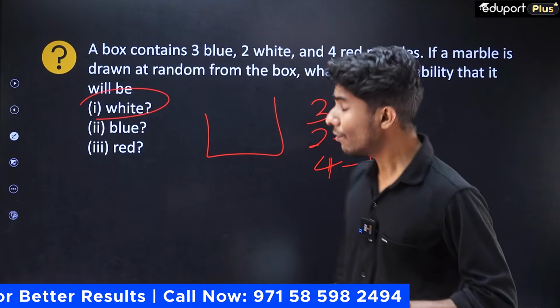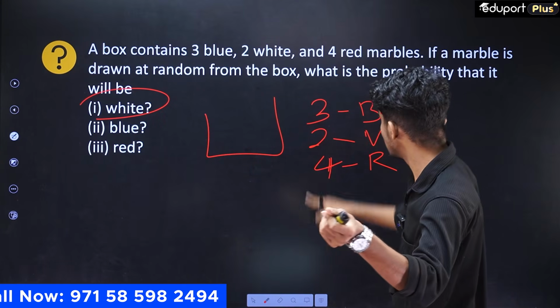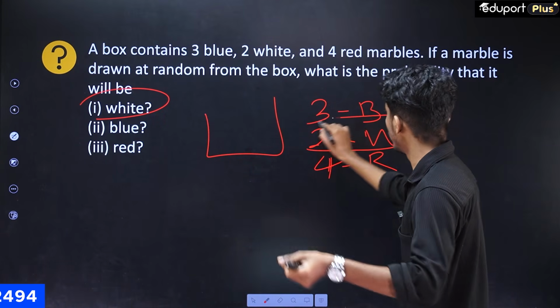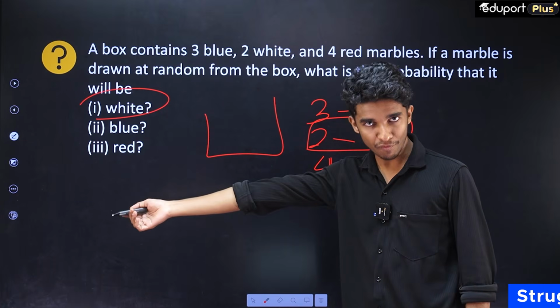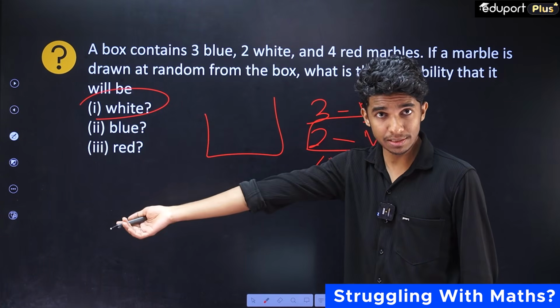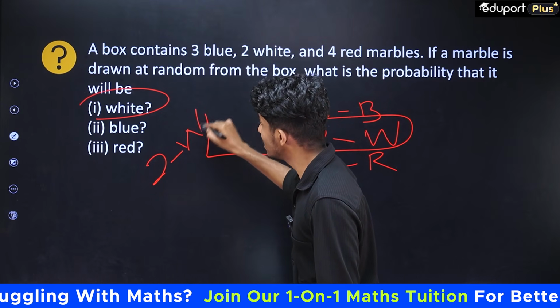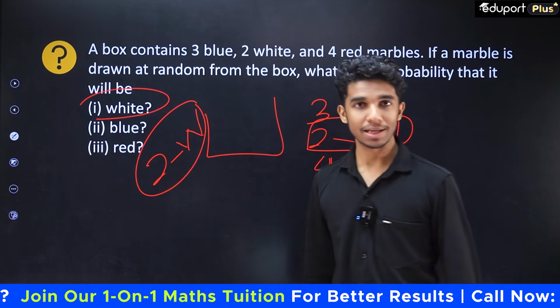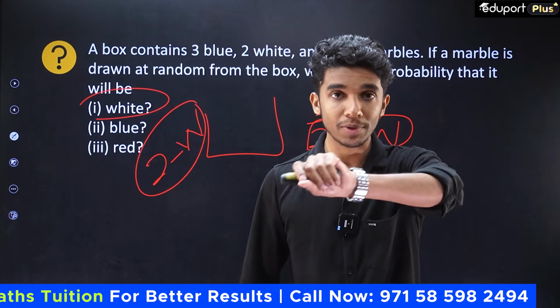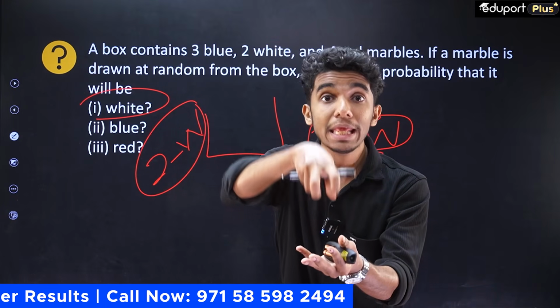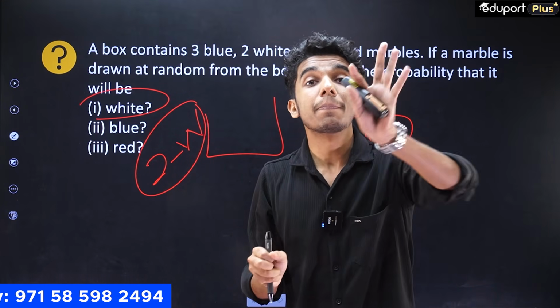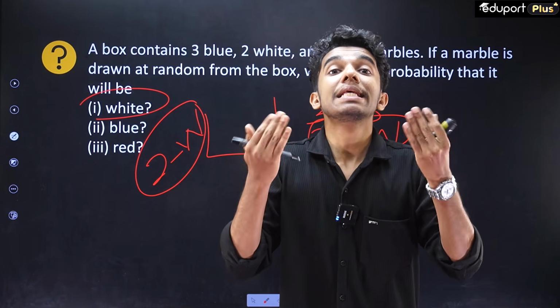Here our favorable outcomes are the 2 white balls. We are asked to find the probability that a ball picked is white.